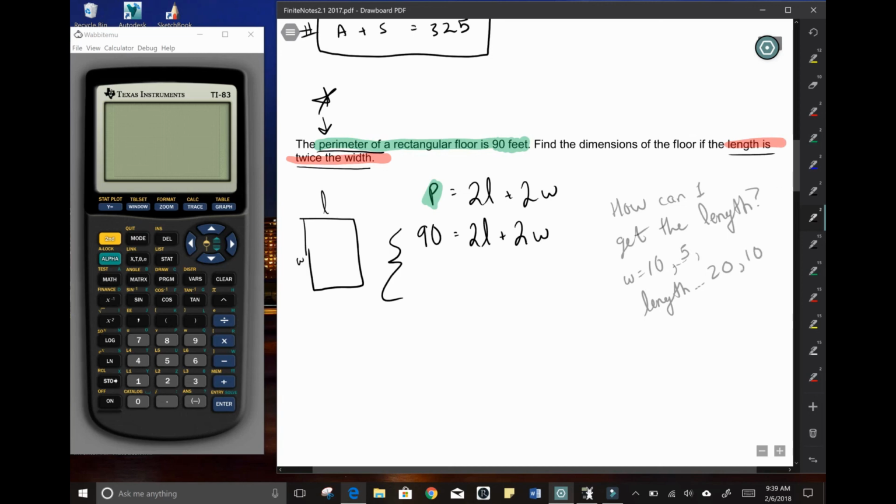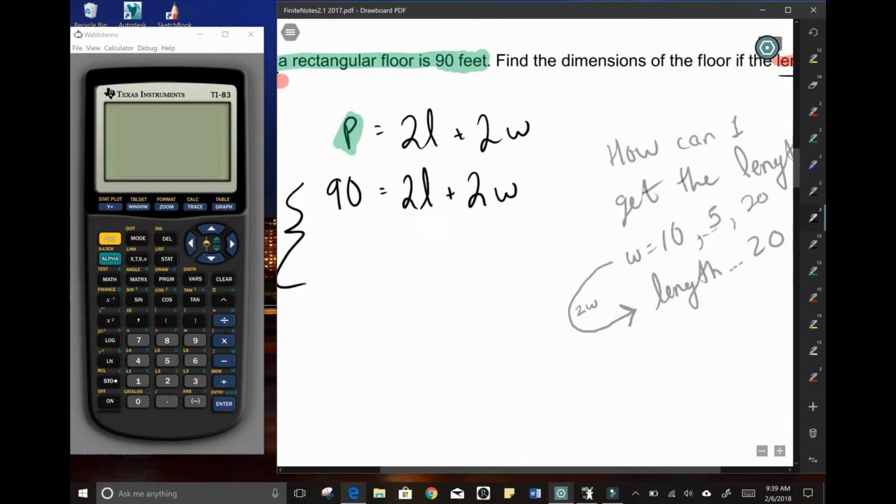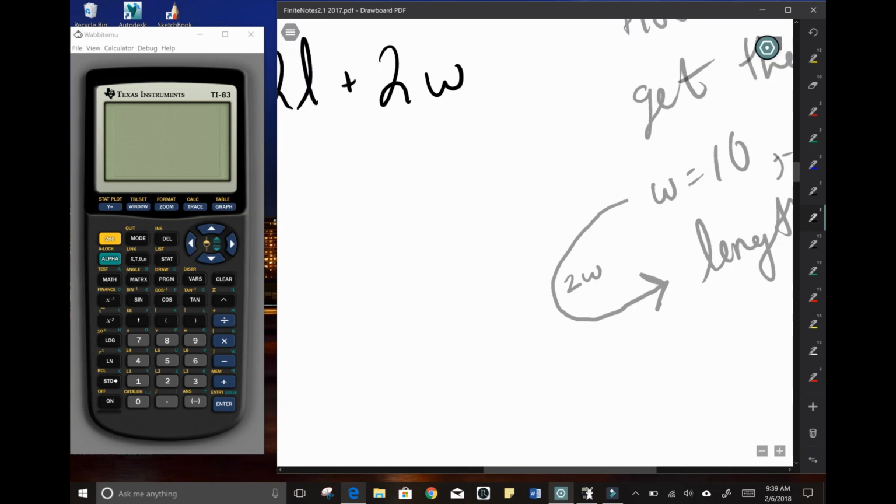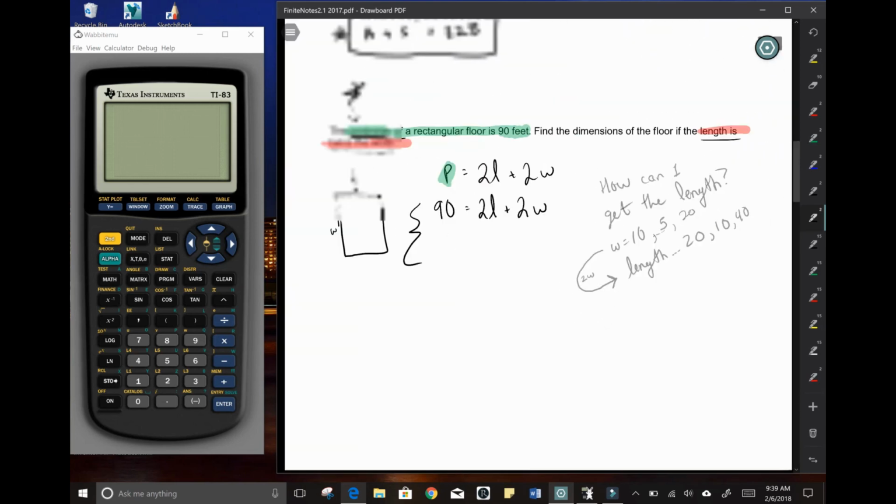If your width is, I don't know, let's give it 20, your length is 40. What are you doing to go from W to L? You're multiplying W times 2. Ask yourself, how would I get from the width to the length? Make some scenarios. Your second equation then is that 2 times your width equals your length. Those are your two equations.